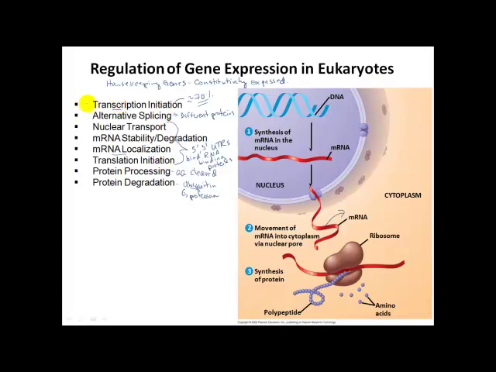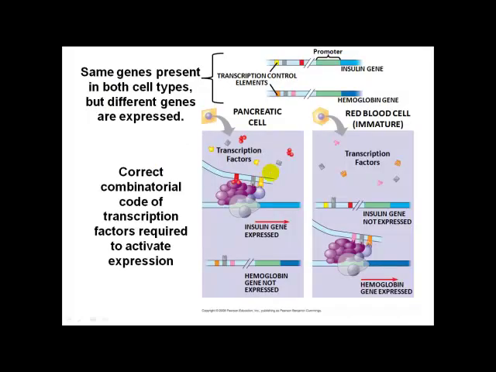But in this video, let's talk about transcription initiation and how it's regulated in eukaryotic cells, because we see some similarities with what we saw in prokaryotes, but we also see some distinctions that are unique to eukaryotic organisms as well.